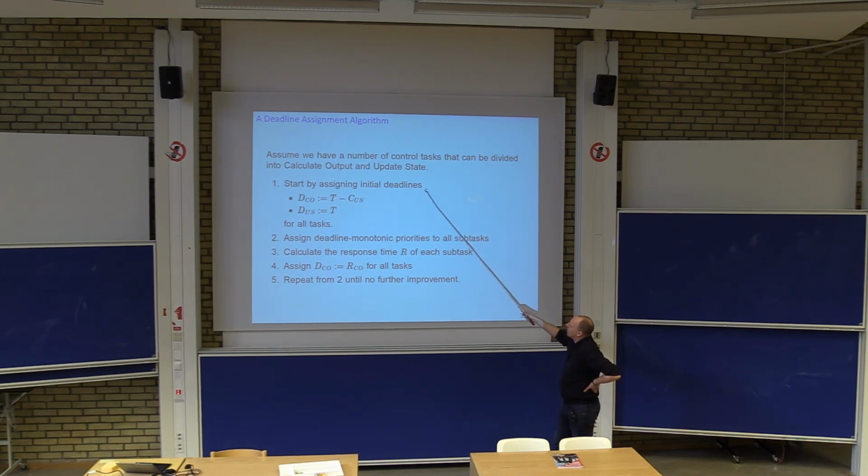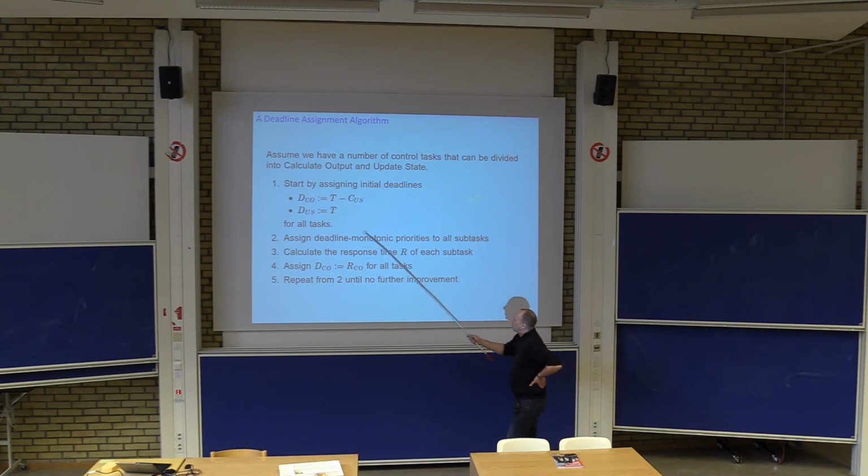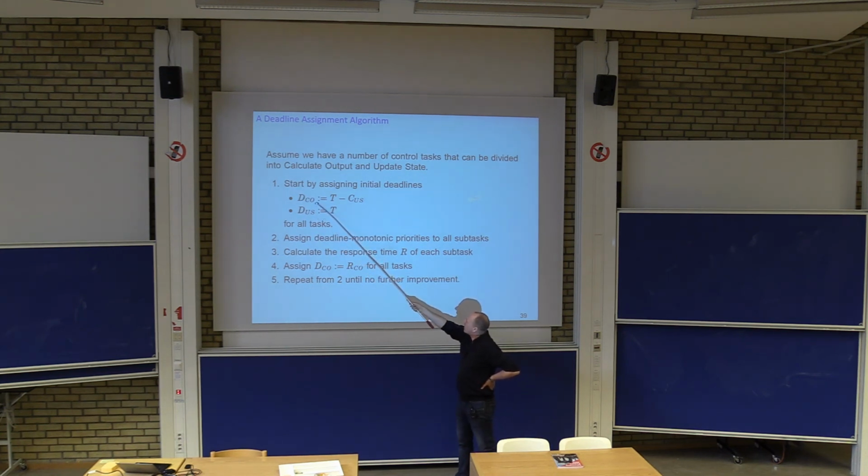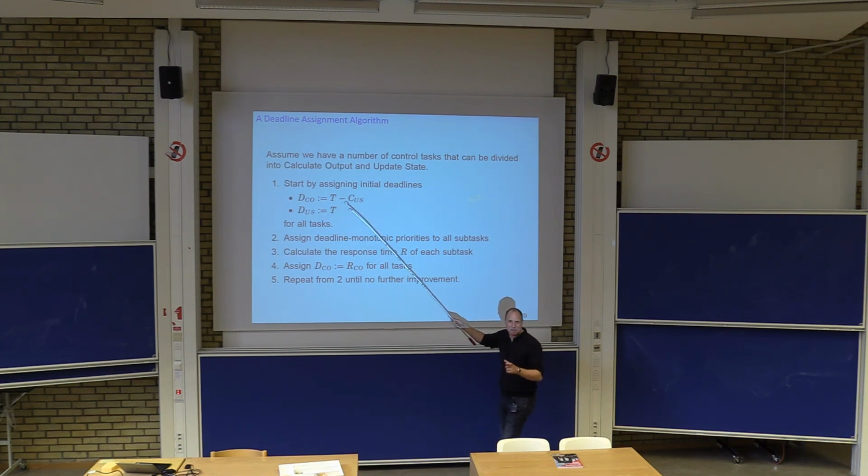We will start by assigning initial deadlines. The initial deadline for update state is equal to the period, and the initial deadline for calculate output, which is the high priority, is equal to the period minus the time to calculate the update state, right? Because in every sample you need to do both of these.